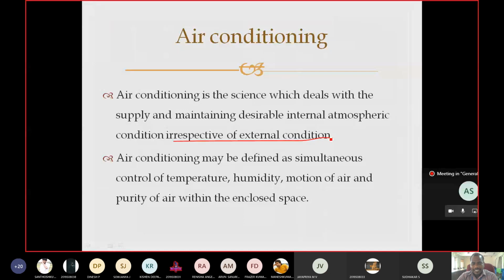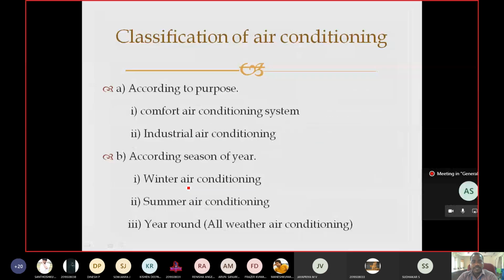Air conditioning may be defined as the simultaneous control of temperature, humidity, motion of air, and purity of air within the enclosed space. So we need to control temperature, humidity, motion of air, and the purity of the air.